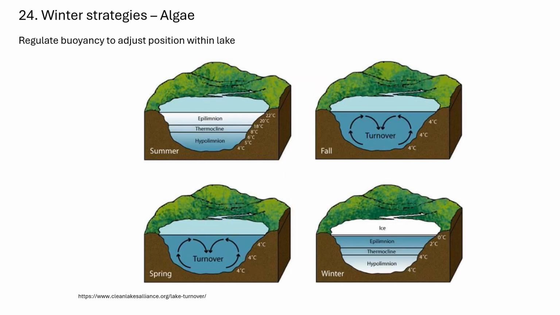Another way that some algae are able to survive the winter is that they can regulate their buoyancy. So going back to this slide we've had before, when we were looking at ice formation and the turnover and development of these strata, these thermal stratifications, we see that in the wintertime some types of algae are able to regulate their position in the water column, and they do that by regulating the amount of gas that they have.